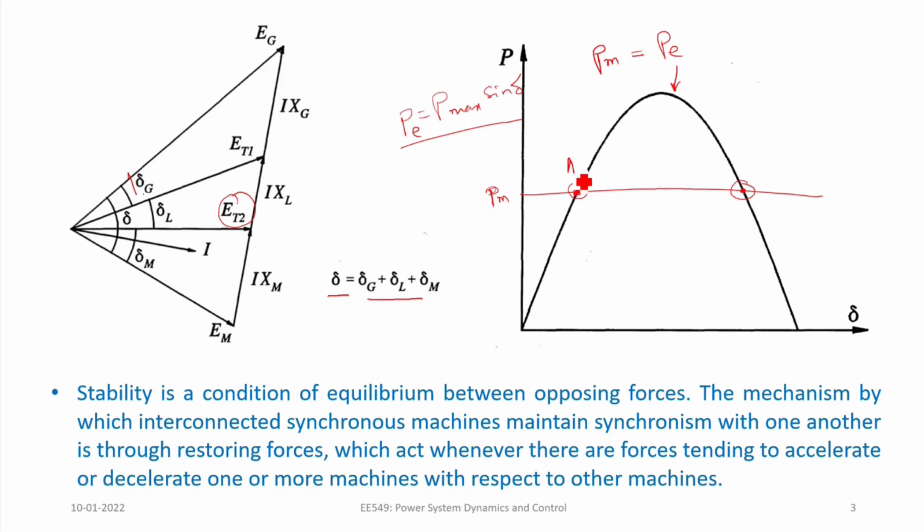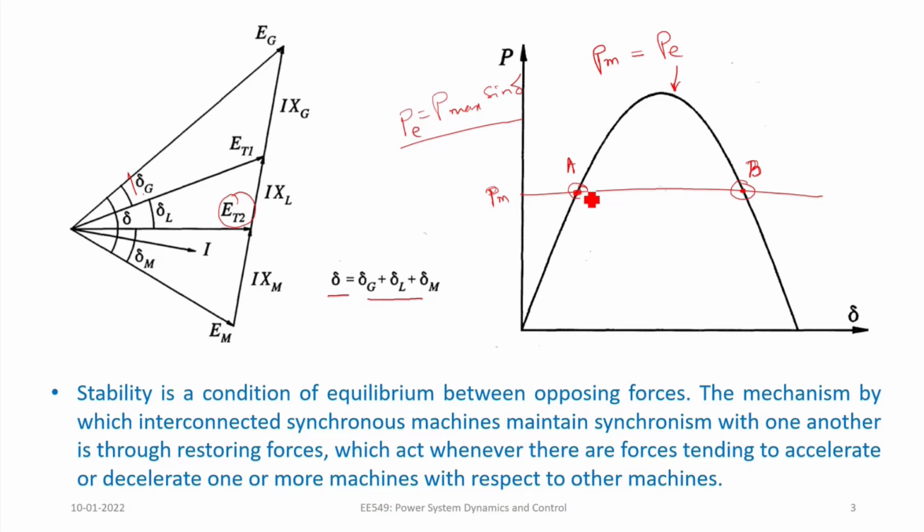Now if we mark point A and point B, of course just by superficial analysis we can conclude that point A is a stable equilibrium point and point B is an unstable equilibrium point. Okay. So why is point A a stable equilibrium point and why is point B an unstable equilibrium point?